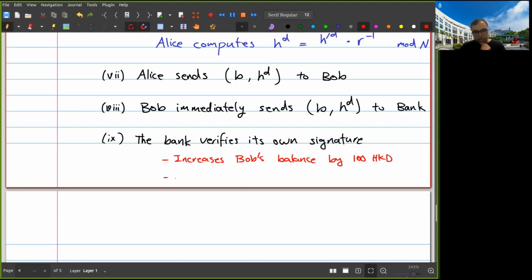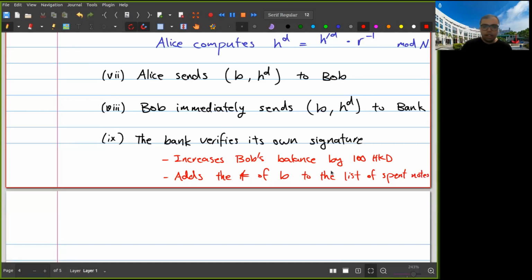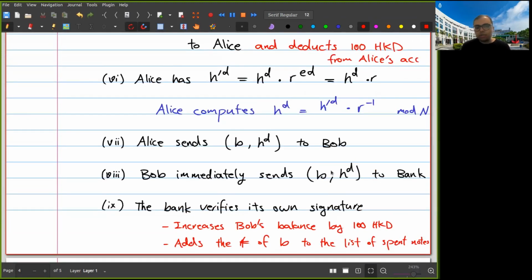And it also adds the serial number of b, oh sorry, this was small b, to the list of spent coins, or to the list of spent banknotes. Okay, so this ensures that no one can use the same banknote ever again.